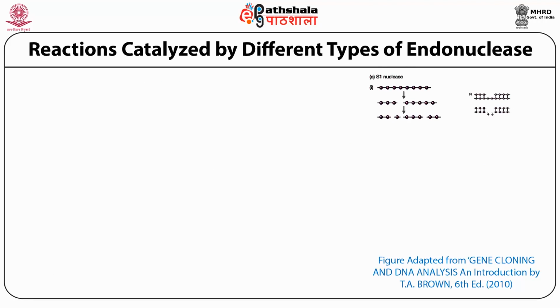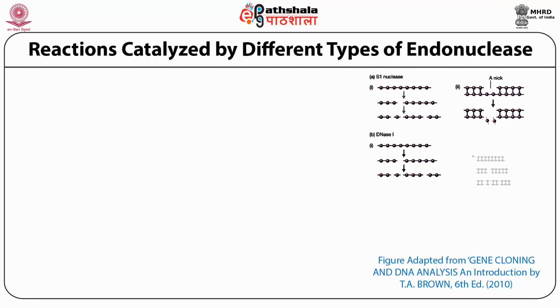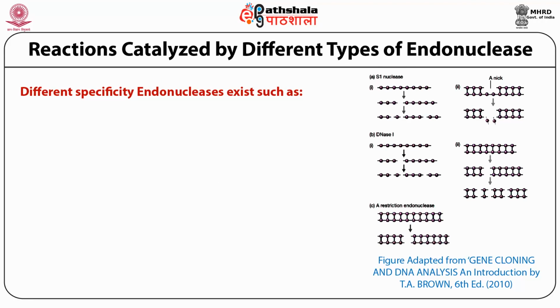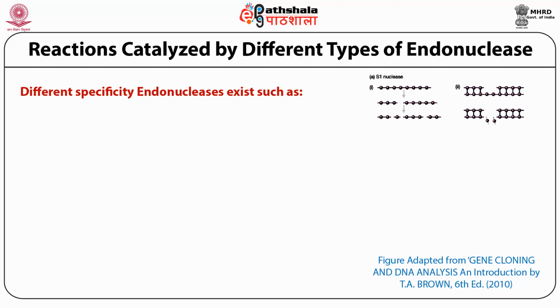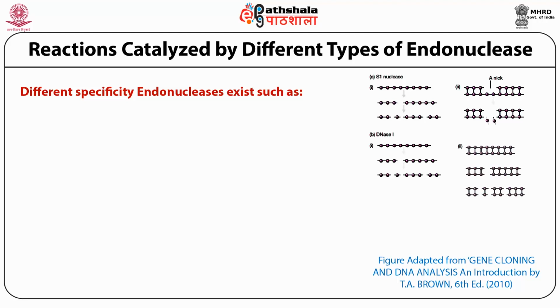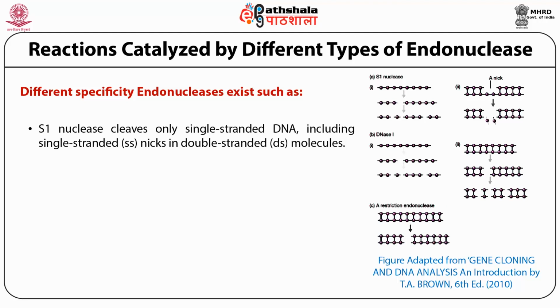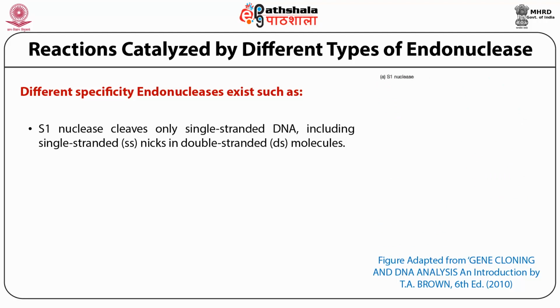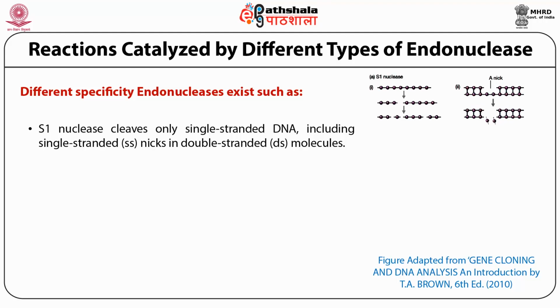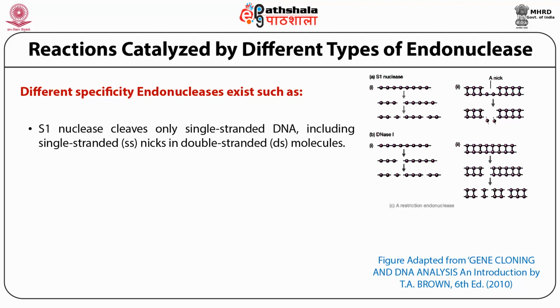Reactions catalyzed by different types of endonucleases. Different types of endonucleases show different kinds of activity. If you look at the cartoon shown, it will become more apparent. For example, S1 nuclease only cleaves single stranded DNA, and it can also make a nick in a double stranded DNA molecule.